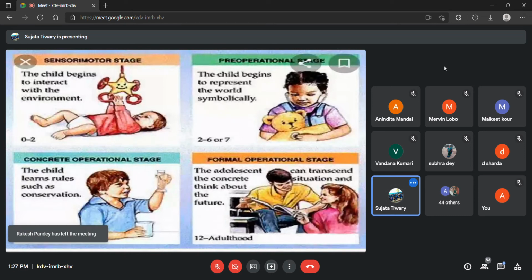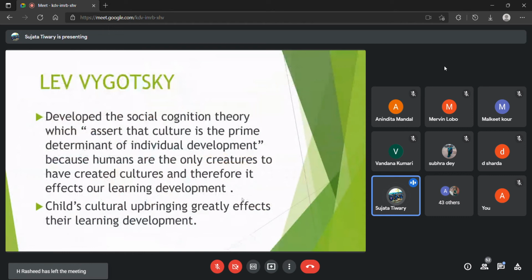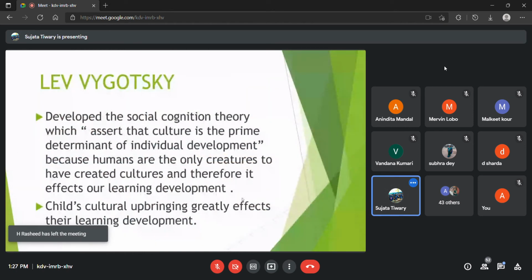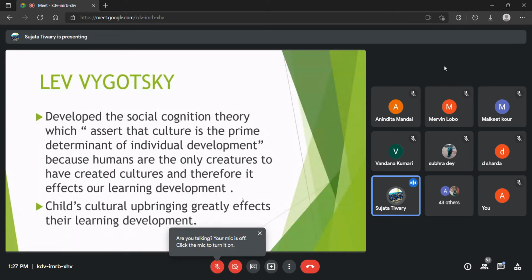Now, let's see the second proponent, that is Lev Vygotsky. He developed the social cognitive theory, which asserts that culture is the prime determinant of individual development, because humans are the only creatures to have created cultures.